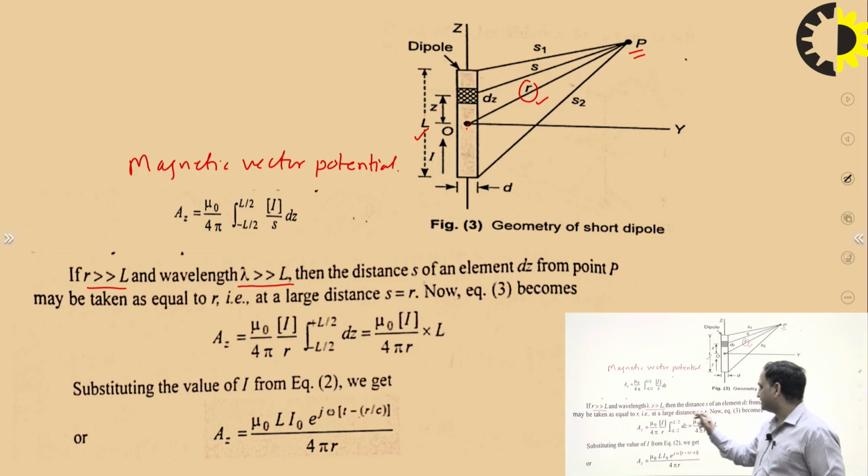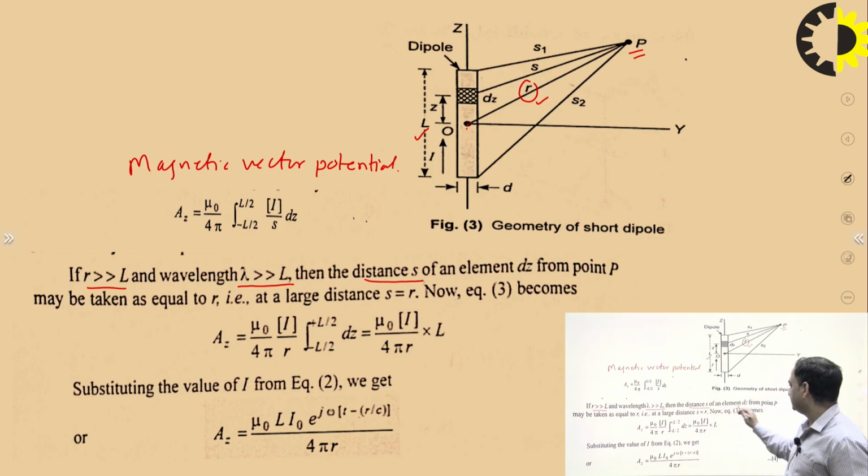Then the distance s of an element dz from the point P can be taken as follows. The length of this element is dz, and the distance from this element to this particular point is s. We take S1 from the top of this dipole, and S2 from the bottom of this dipole.